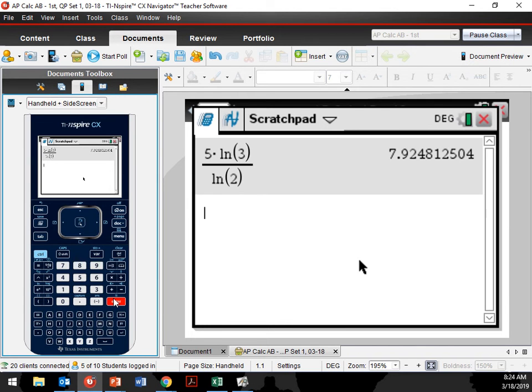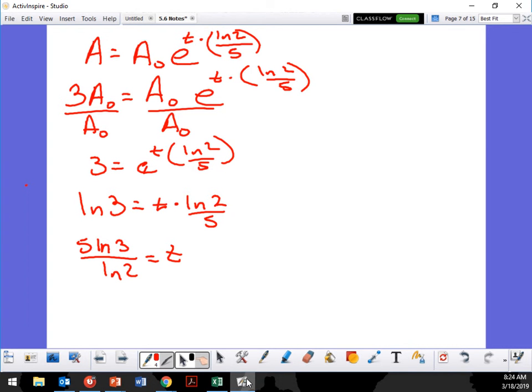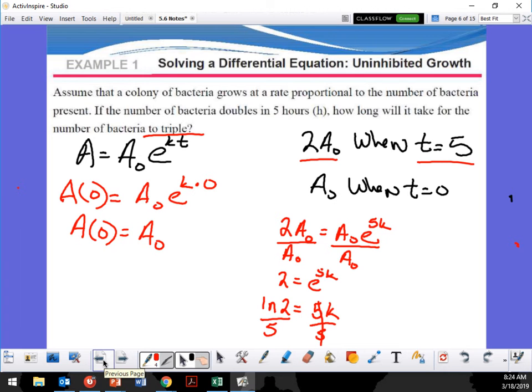And 7.92. Okay, remember this is AP calculus. How many decimals? 3. So it's going to be 7.92. There we go. So T. All right, so now what is the rate?